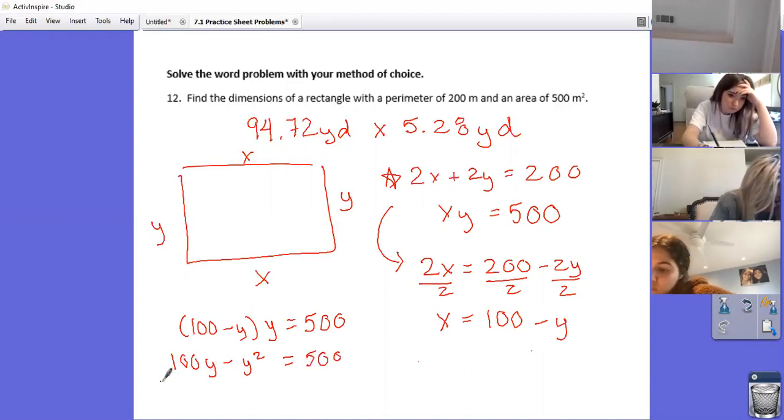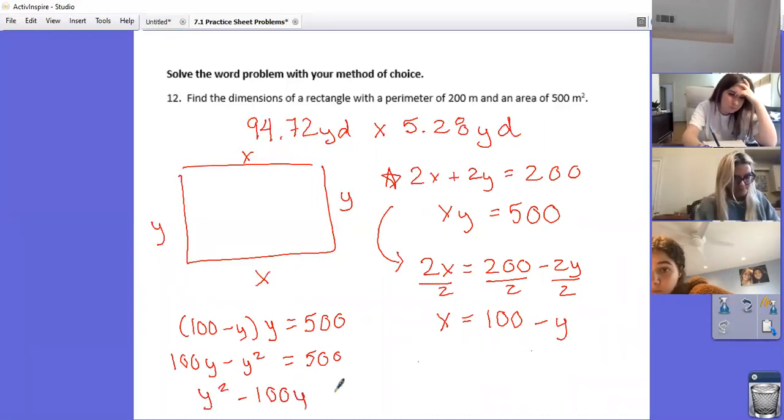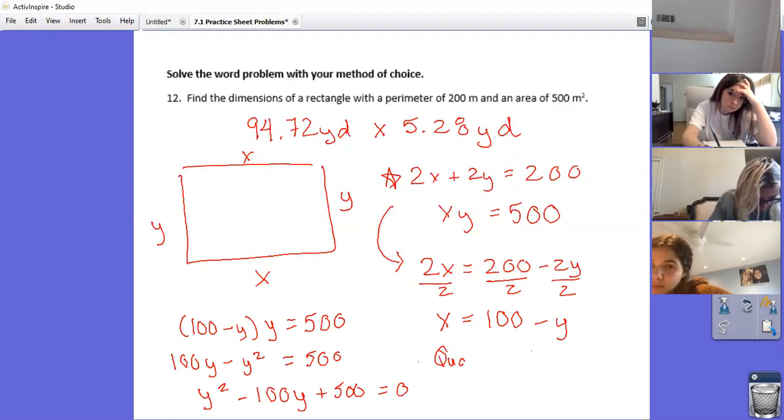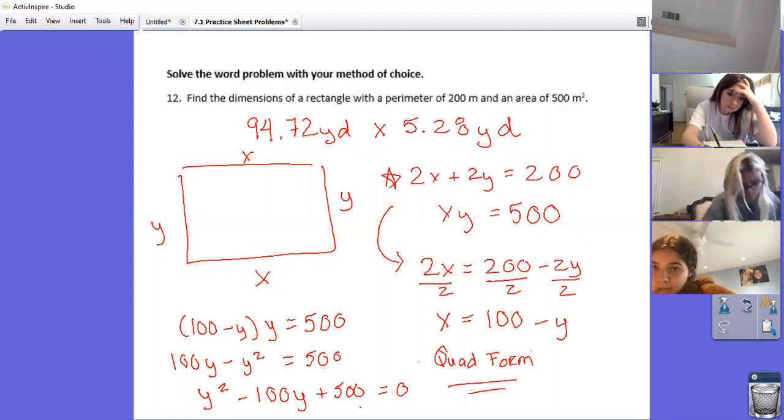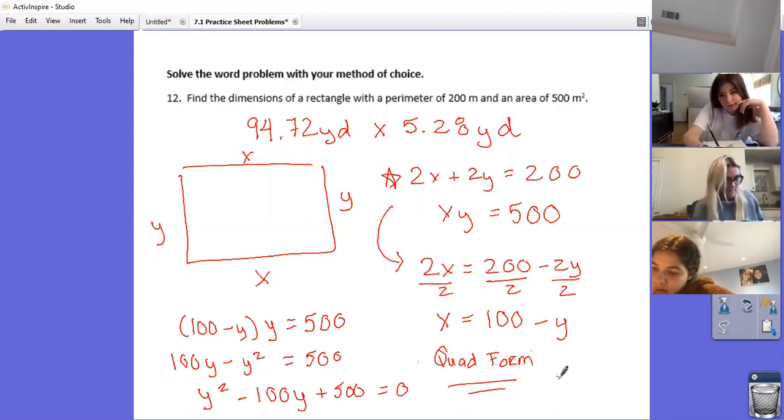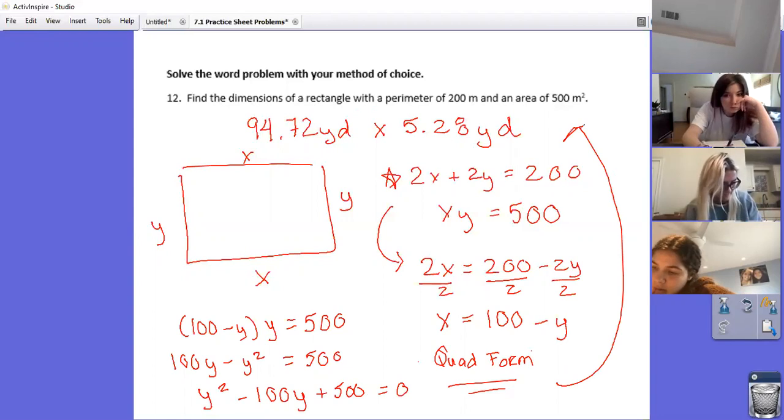And then I just subtracted 100y and added y squared. You get y squared minus 100y plus 500 equals 0. And this is where you have to use the quadratic formula to solve, to get the answer. You guys can do that part.